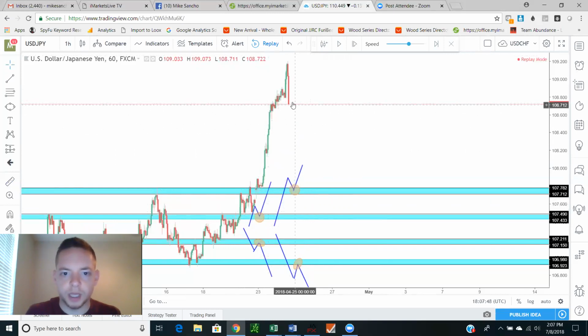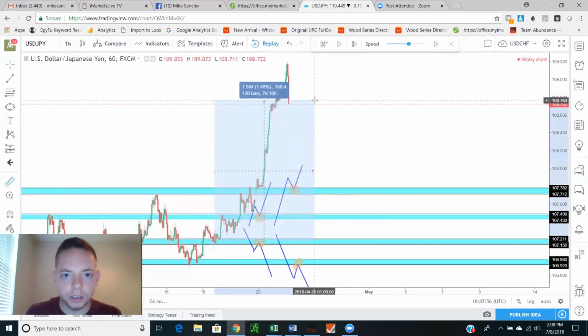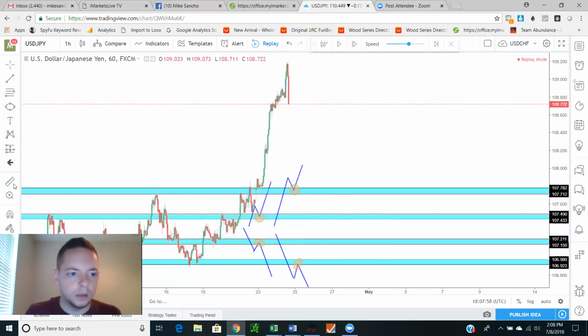So my stop would have been right underneath this higher low, and I'd have gotten stopped out right here on both of my positions. The first trade would have caught me 160, and the second one would have caught me 96, so about 250 pips.